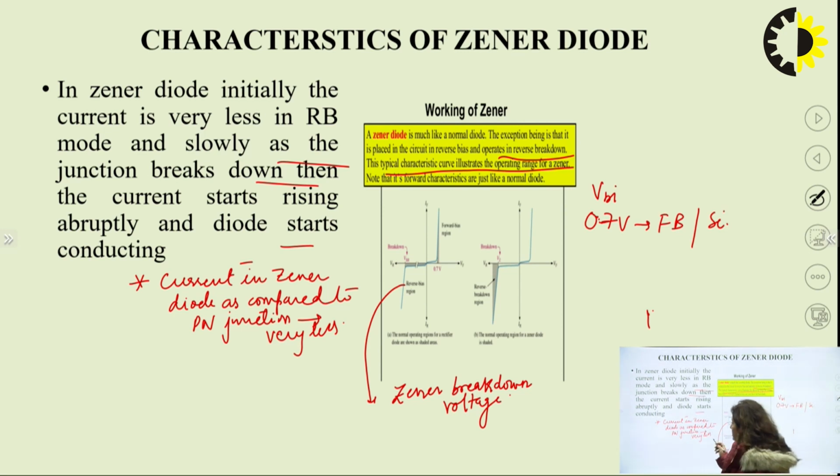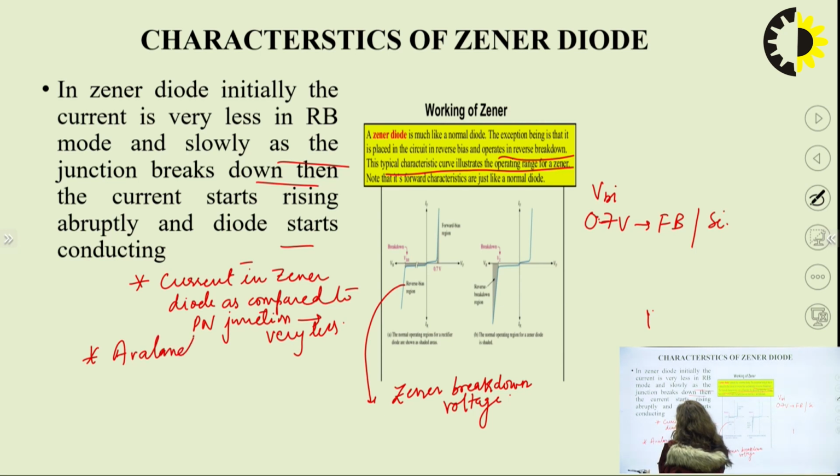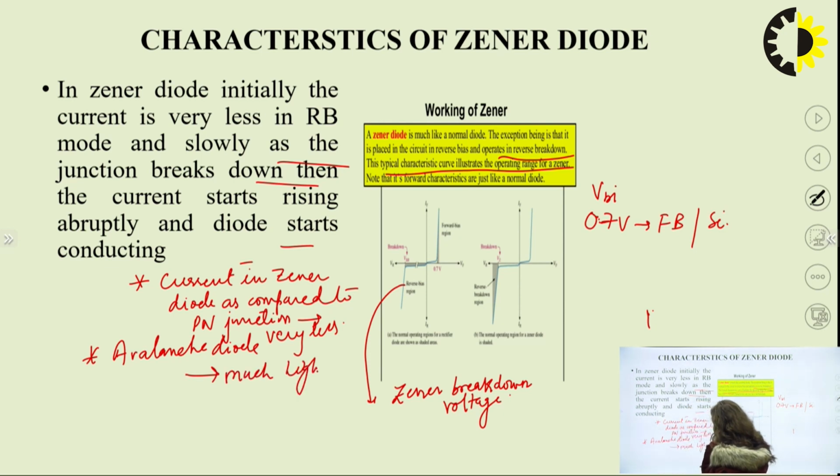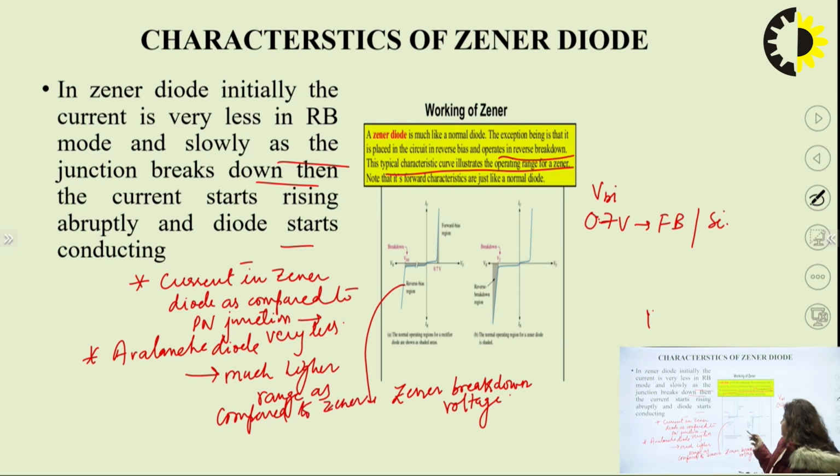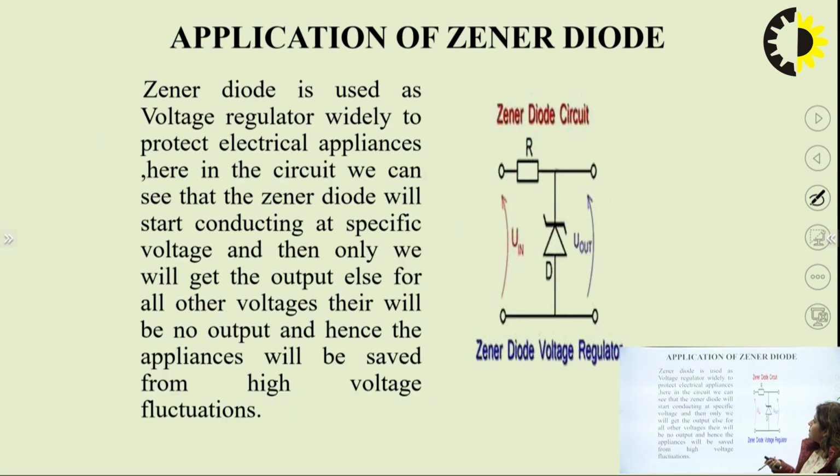But if you see the avalanche diode, we have a much higher range as compared to Zener, because the avalanche breakdown occurs after the Zener breakdown. So there will be a much higher voltage as compared to the Zener diodes.